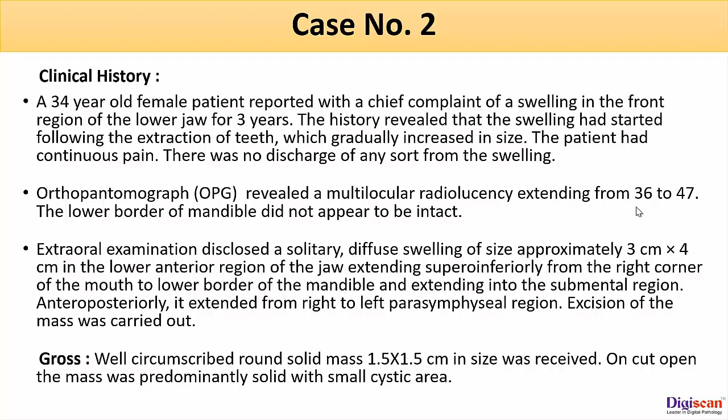Anteroposteriorly, it extended from the right to left parasymphysial region. Excision of the mass was carried out. On gross examination, we found a well-circumscribed, round, solid mass 1.5 by 1.5 cm in size, and on cut open, the mass was predominantly solid with a small cystic area.